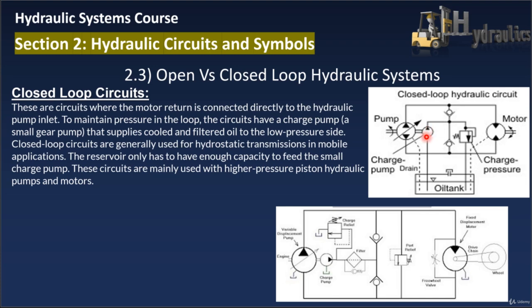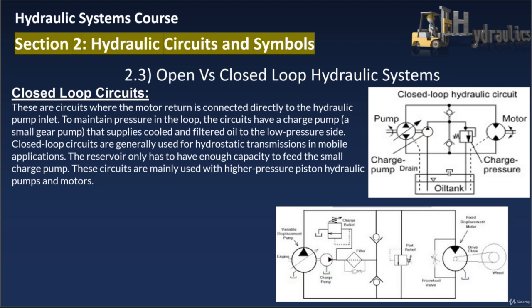This is an additional pump that supplies cooled and filtered oil to the low pressure side. Closed loop circuits are generally used for hydrostatic transmission in mobile applications. The reservoir only has to have enough capacity to feed this small pump. These circuits are mainly used with high pressure piston hydraulic pumps and motors.